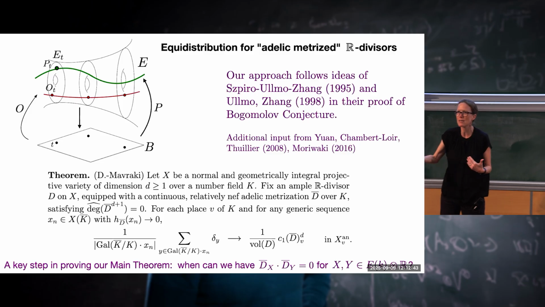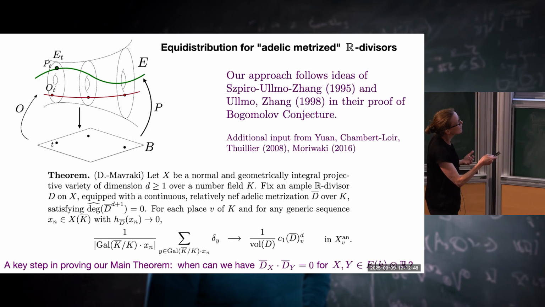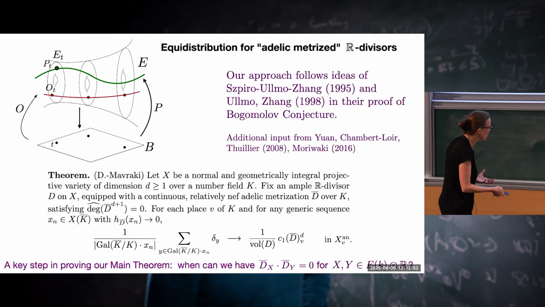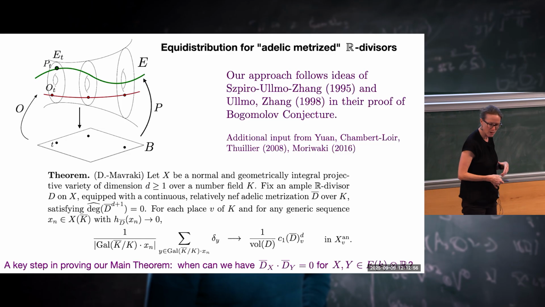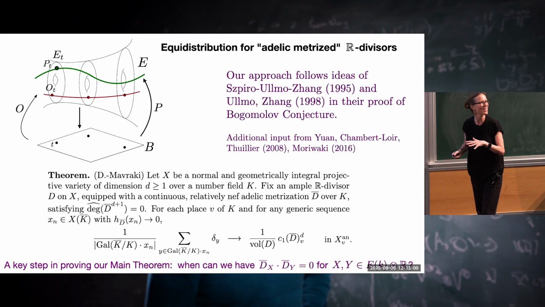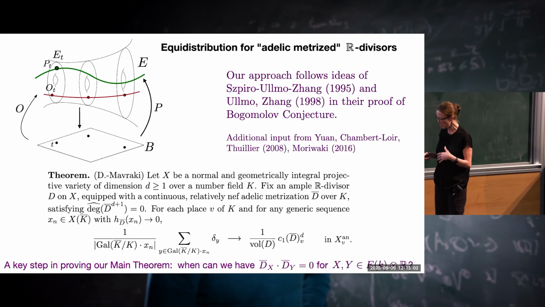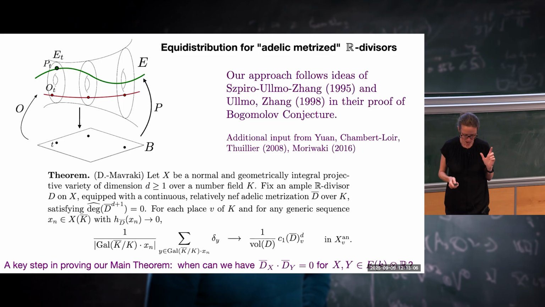I mean, here we were just extending it to R divisors. Now, fortunately, we were able to use a lot of the work of Mavraki, who did a lot of the machinery for us in extending various statements from the line bundles to R divisors. So that was just a remark to say that this is in the background also of what I'm saying, but I wanted to talk about the complex geometry of the objects we're using.